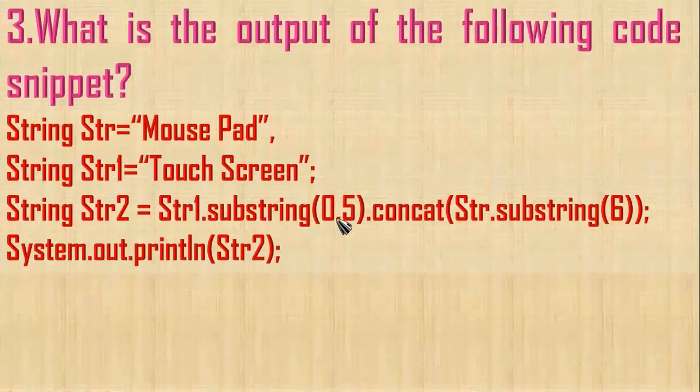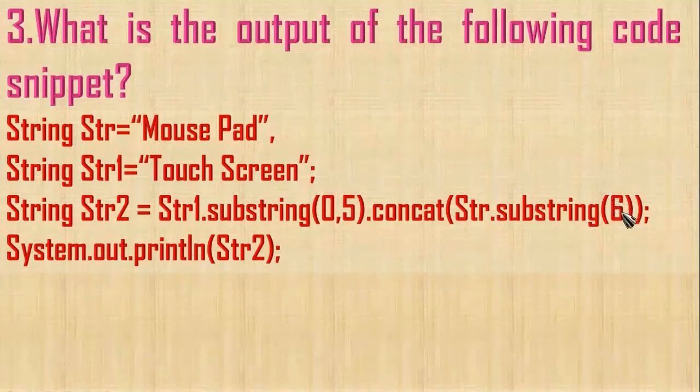str1.substring(0, 5). 0, 5 means it will start from the 0th index up to the 4th index, it will take all the characters. So here str1 is touch screen. So here if you see 0, 1, 2, 3, 4, up to 4 it will take. So this will become touch dot concat of str.substring(6).